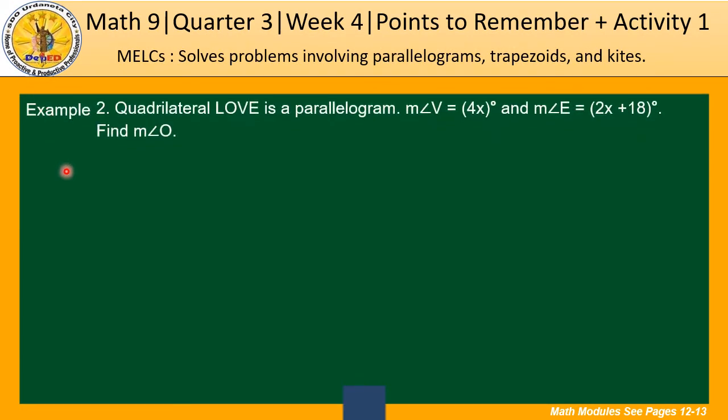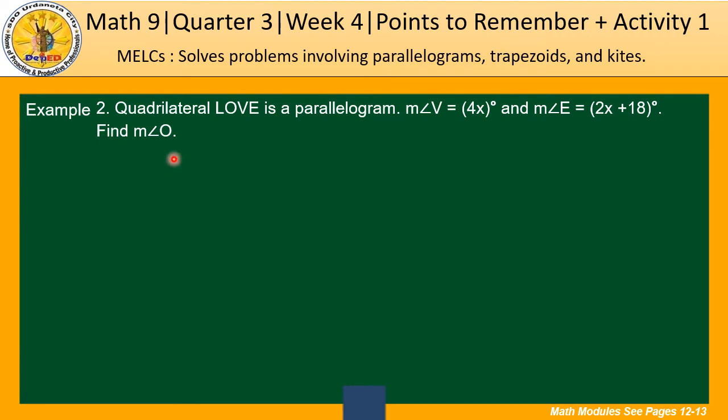So here is example number 2. Quadrilateral LOVE is a parallelogram. The measure of angle V is equal to 4x degrees and the measure of angle E is equal to the quantity 2x plus 18 degrees.